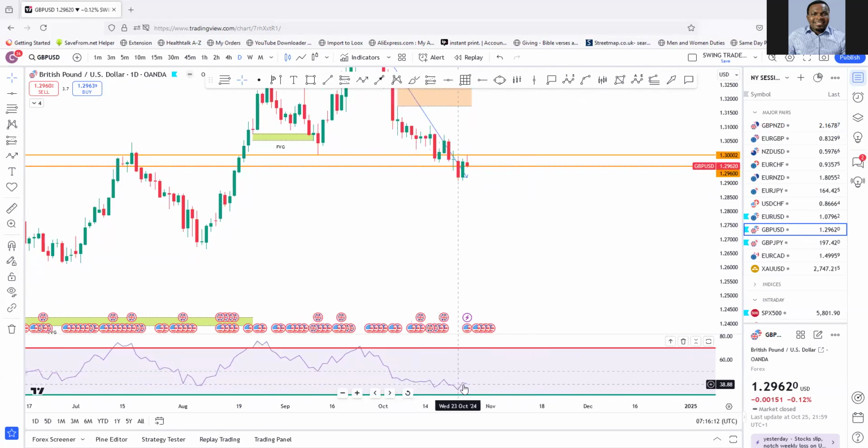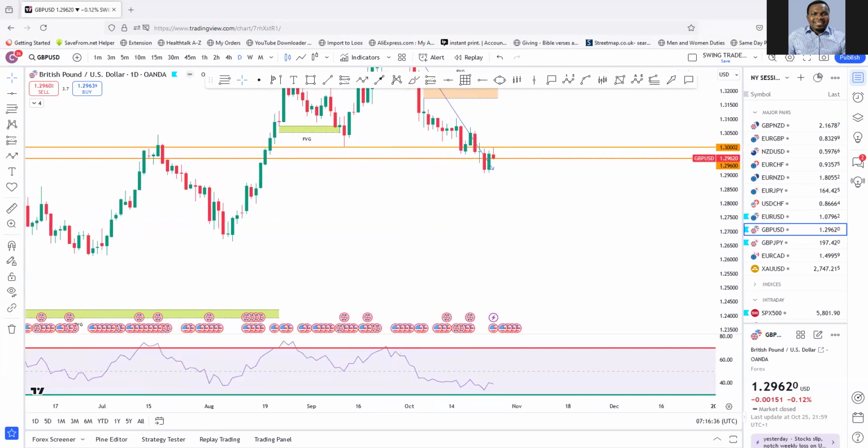It's not oversold at the moment. Oversold will be when it gets to this green line. That would be the oversold region, and price is still above that area, so price may still come down a little. That helps us anticipate where the market is going to trade to. That's a very important aspect.